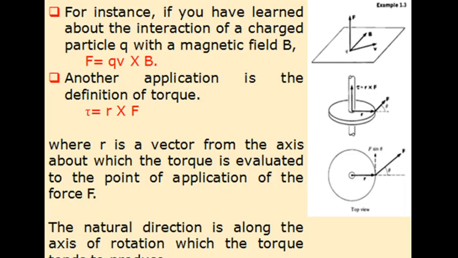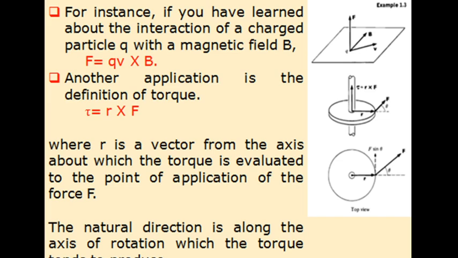Now we look at a few examples of cross products. Suppose you have learned about the interaction of a charged particle Q with a magnetic field. This is a magnetic field, and this charged particle is rotating with velocity v.